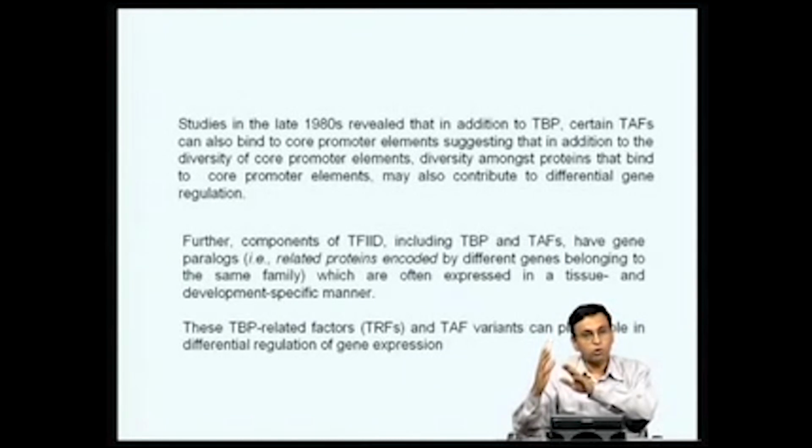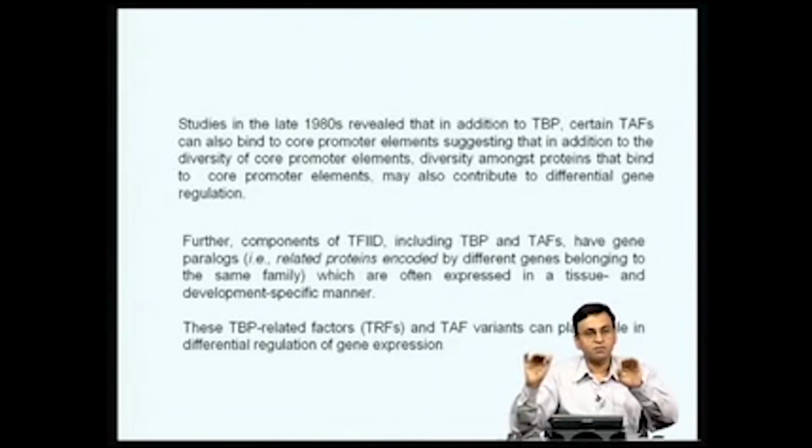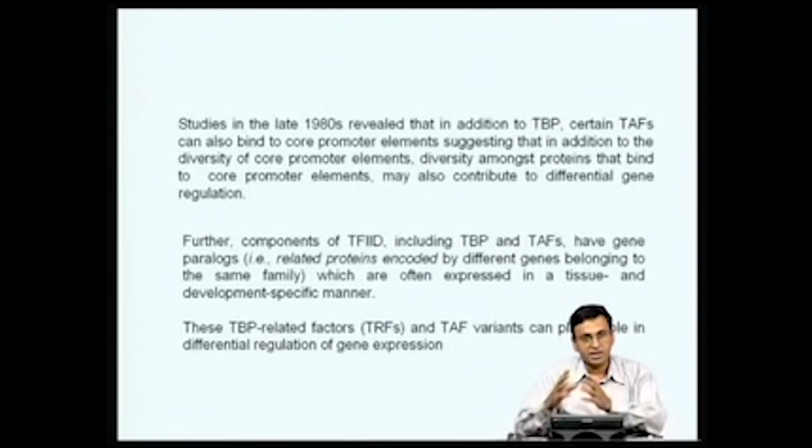Just as I told you in the last class, the core promoter elements' job is not just to support transcription; variations in the core promoter sequences can also contribute to differential gene regulation. Today I am going to tell you that the job of general transcription factors like TFIID is not just to assist RNA polymerase to come and bind to the core promoter region and initiate transcription, but there are variations within these general transcription factors, and these variations can also contribute to differential gene regulation.